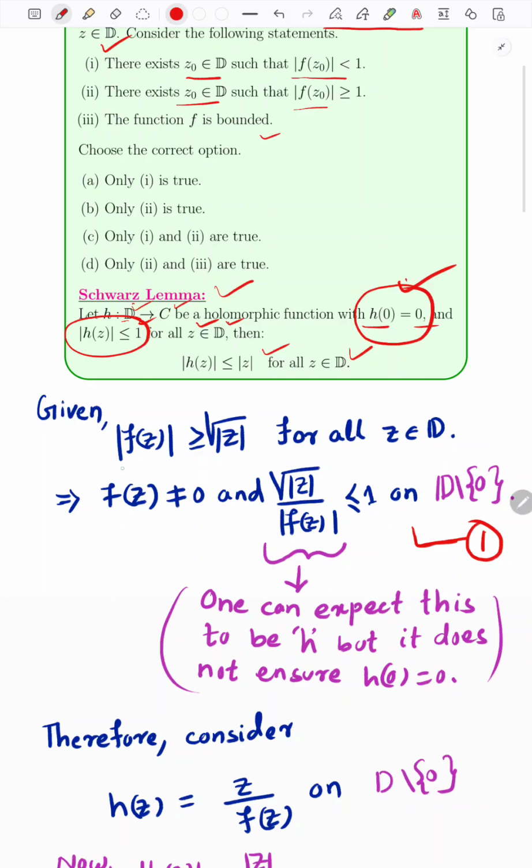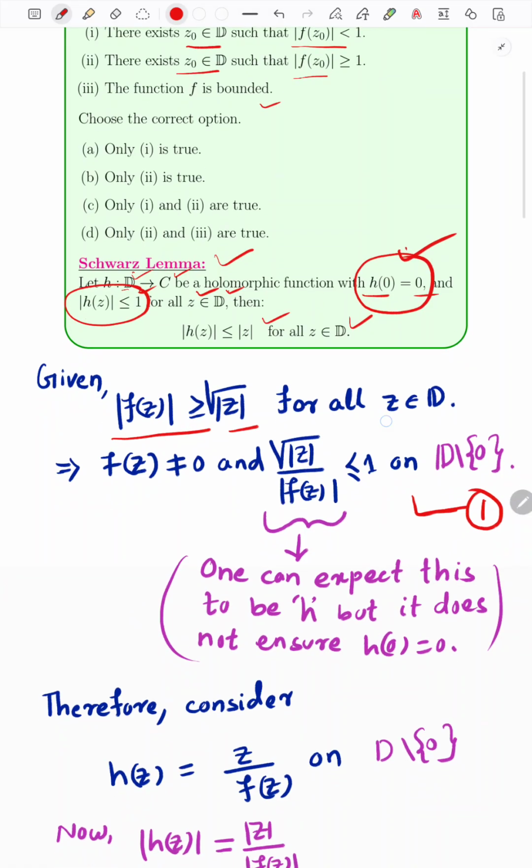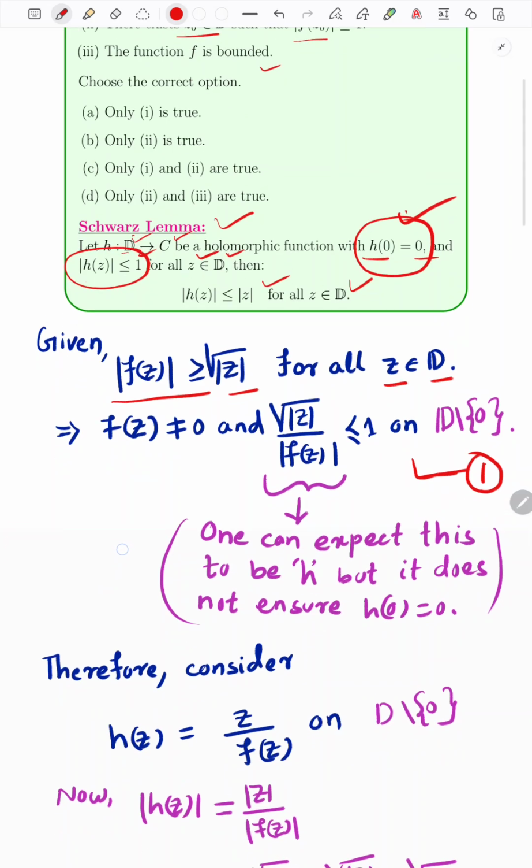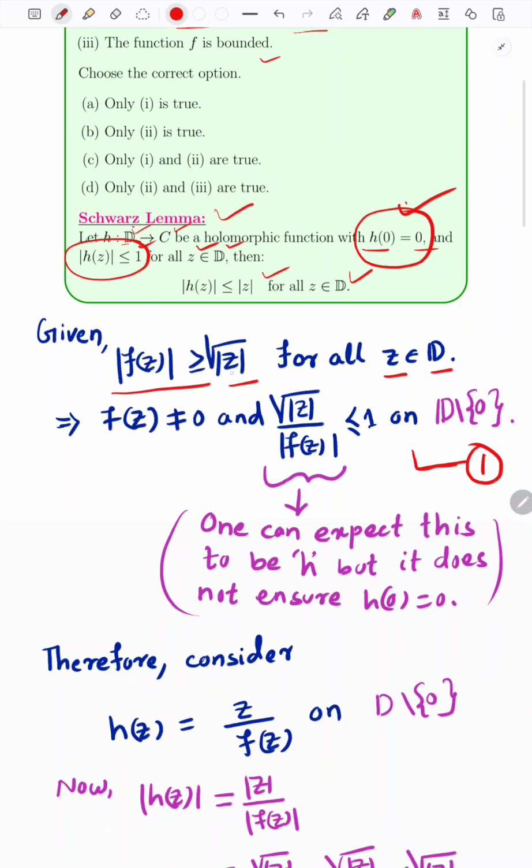Given that |f(z)| ≥ √|z| for all z in the open unit disk, this implies that if z is non-zero, then |z| is non-zero, and that implies |f(z)| is also non-zero.